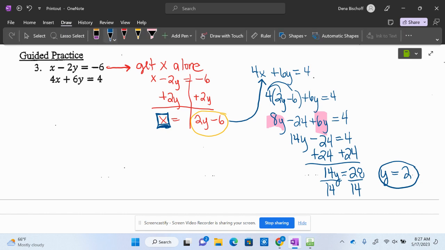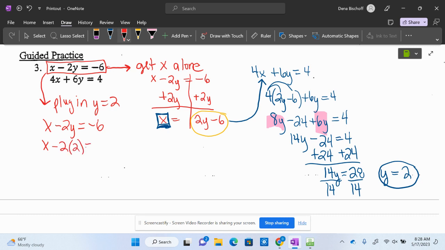What do I do with that y equals 2? I have to plug it back into one of these equations. You want to plug it into the first one you said? I'm going to plug it in right here. So I'm going to rewrite that. I'm going to plug in y equals 2. So x minus 2y equals -6, but y equals 2. So x minus 2 times 2 equals -6.